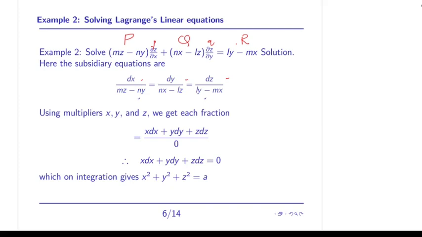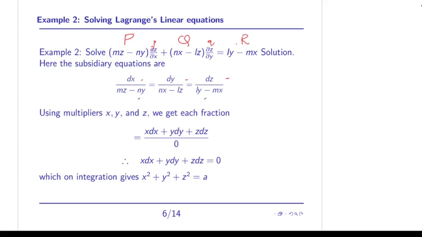The choice of multipliers is based on your experience, or you just need to find whether you can get some denominator as 0. So that is what we intend to do. I'll explain how to choose this after one problem.